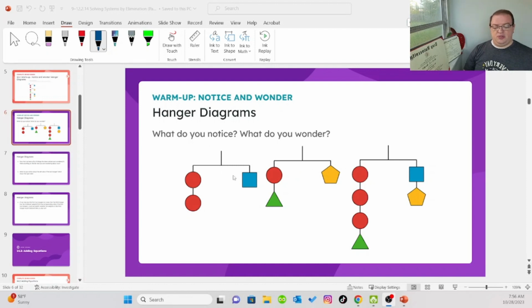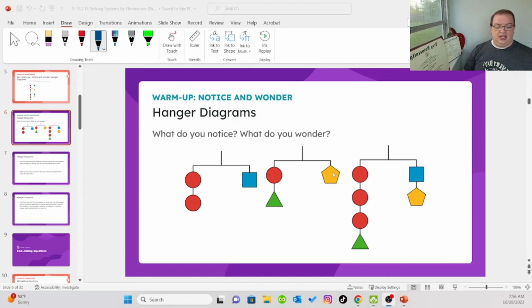Because if I start with my first hanger where I have two red circles, and I add a red circle and a green triangle to that, the left side is going to be heavier and weigh it down.